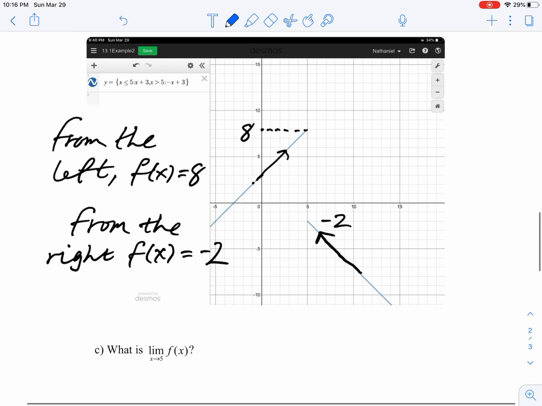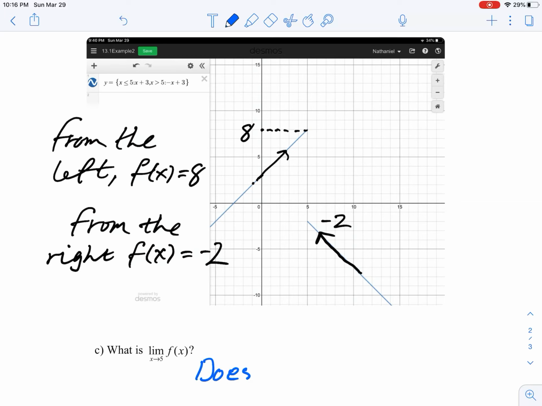Okay, so what we're dealing with in this problem is a situation where f of x approaches one value from the left, 8, and it approaches a different value from the right, -2. That would imply that the limit as x approaches 5 of f of x does not exist. And there you go.